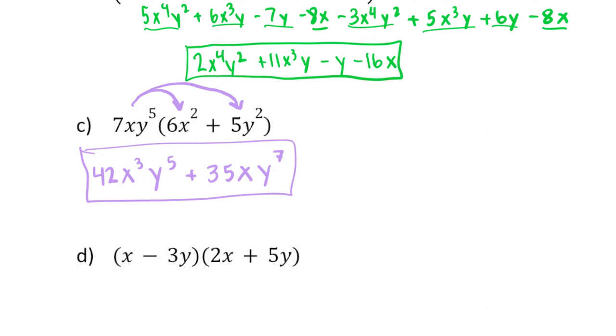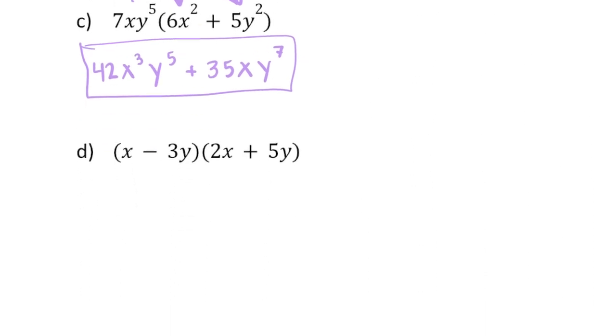If we have one like D, where we have two terms times two terms, instead of distributing, well, it is still distributing, but we look at it as foiling or making sure that this x will multiply each term, and then that negative 3y will multiply each of the two terms.